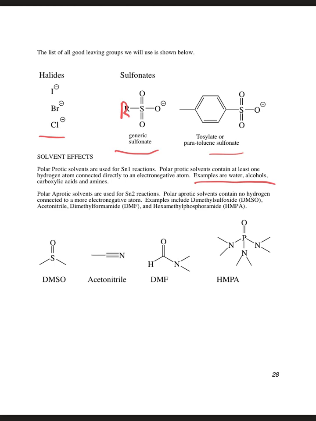Polar aprotic are polar molecules where the polar bond is not connected to a hydrogen. So DMSO, acetonitrile, DMF, HMPA, those are all polar aprotic solvents, and they favor the SN2 reactions.